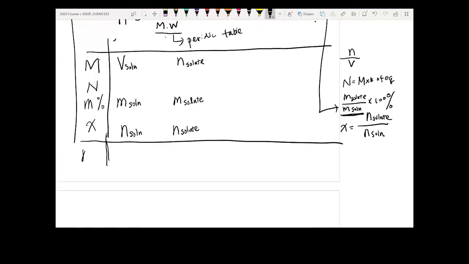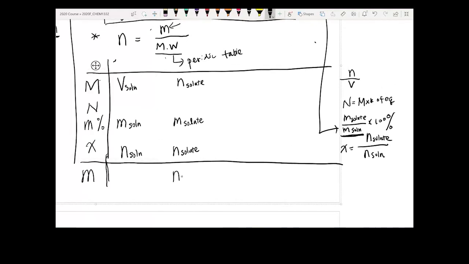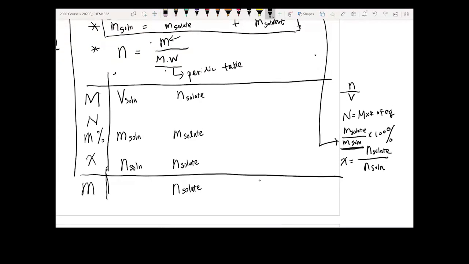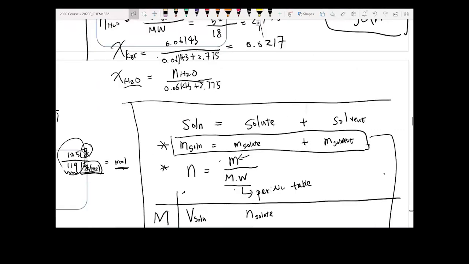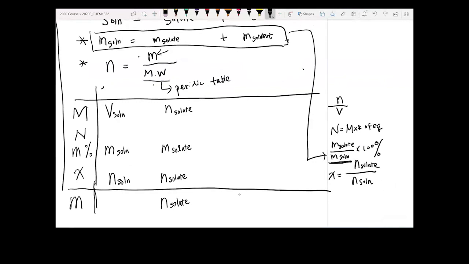The thing that's different is your molality, right? Because the molality requires the number of moles of your solute and the mass of your solvent.